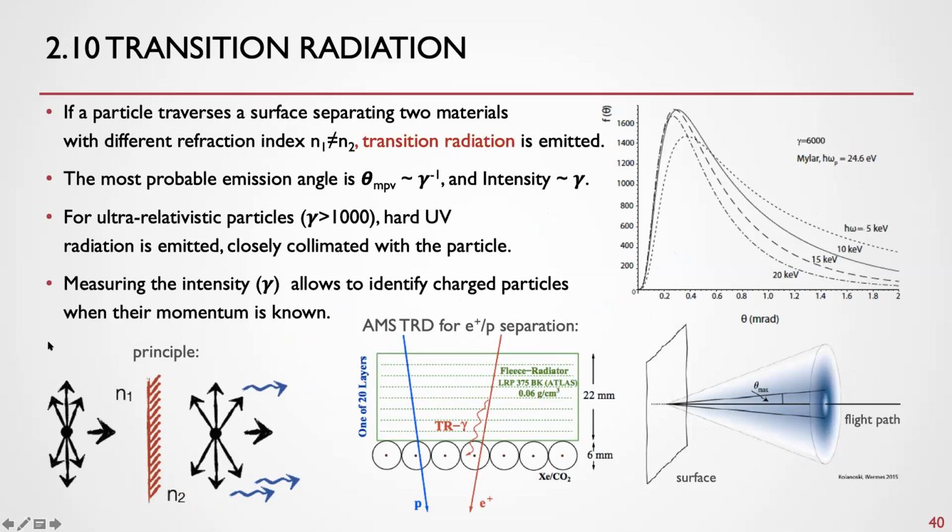Now, think of the following. We have two different refractive indices, one left and one right. The particle now traverses a surface where the speed of light in the medium changes from n1 to n2.